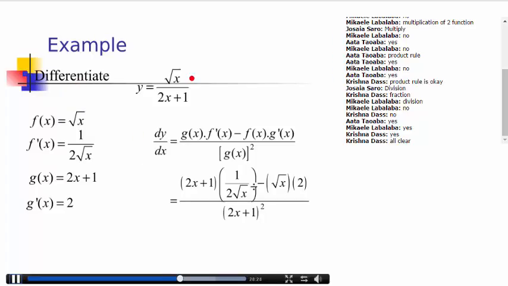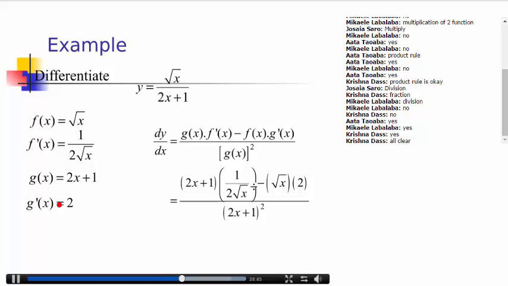We have to differentiate root of x over 2x plus 1. As I said for the product rule, same goes here. I highly recommend that you differentiate them separately, and then you just have to substitute it into the formula.